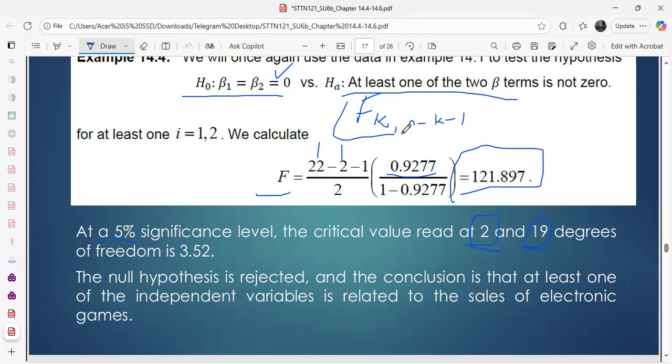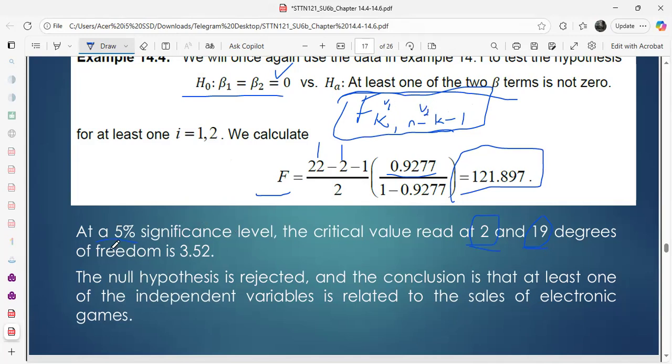This part of F with K and also N minus K. This is where you find the critical value. To get the critical value, you need to use the degrees of freedom. So this one will be V1 and this one V2 on the F table.